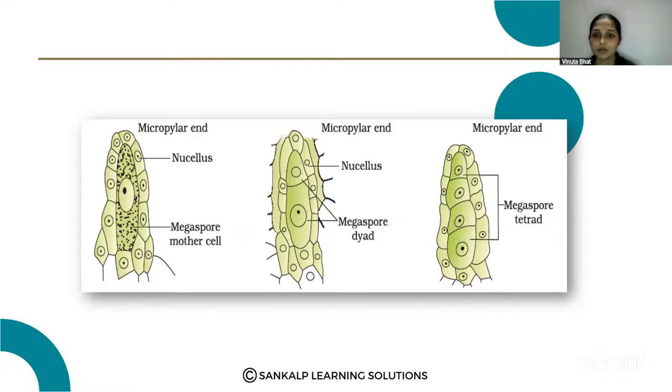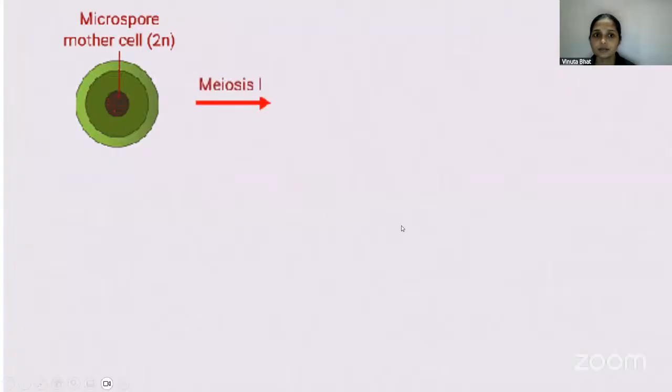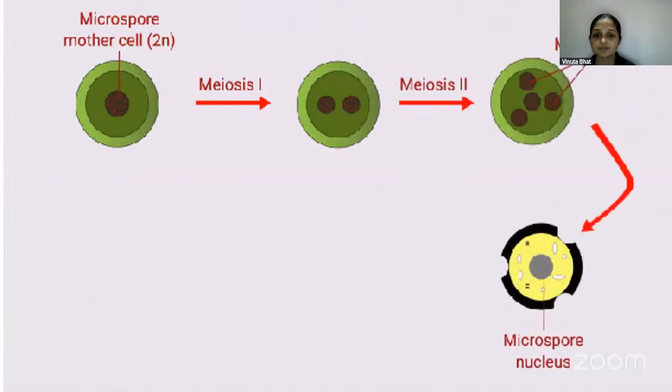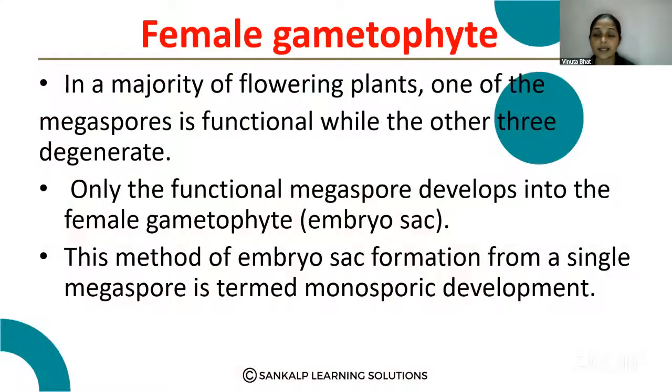Sorry, this is the megasporogenesis video. Here only one functional megaspore will develop into the female gametophyte, that is the embryo sac.